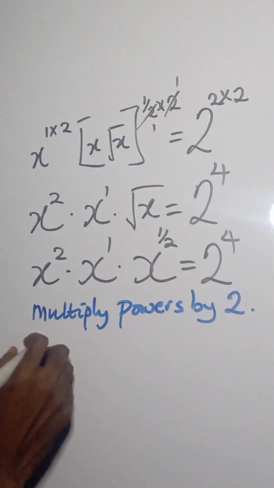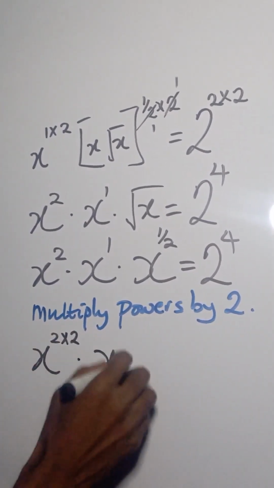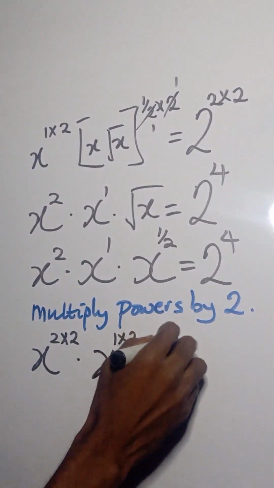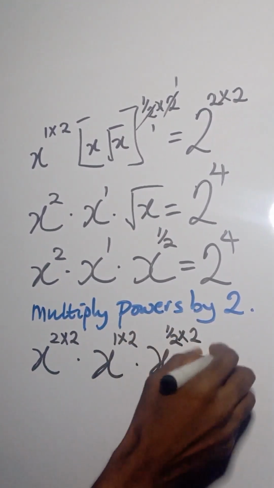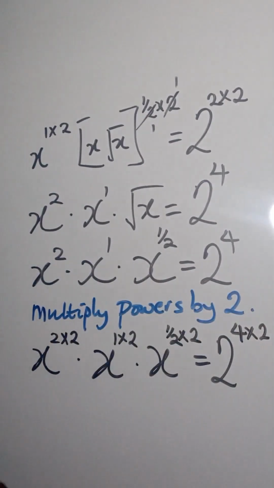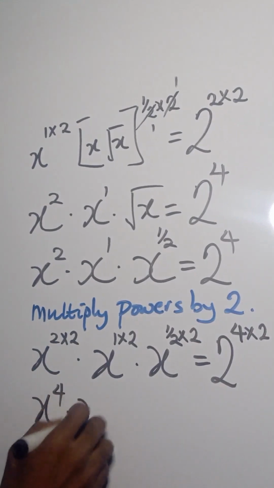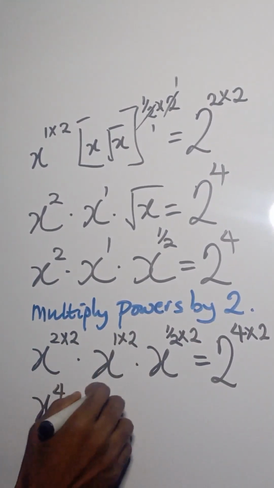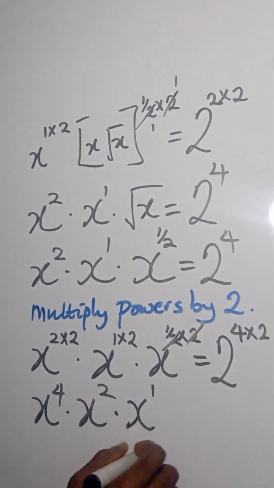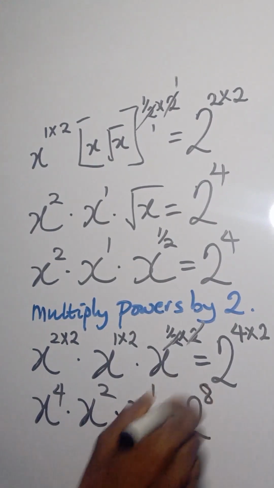So this gives us x raised to power 2 times 2, x raised to power 1 times 2, x raised to power half times 2, equals 2 raised to power 4 times 2. And this will give us x raised to power 4 times x raised to power 2. This will cancel out, so I have x raised to power 1 is equal to 2 raised to power 8.